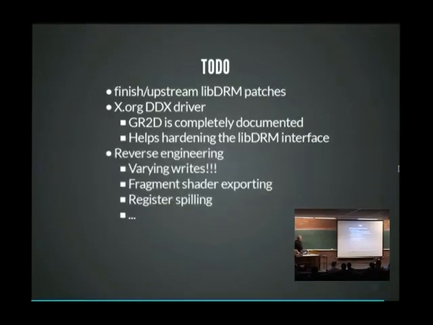Yeah, and then there's the reverse engineering. The varying writes are, as I said, still a mystery. The fragment shader exporting, and then there's register spilling, which happens if you use a lot of registers. They also seem to trigger the same kind of code path if you use more than 32 uniforms, because there's only the normal uniform upload code path.